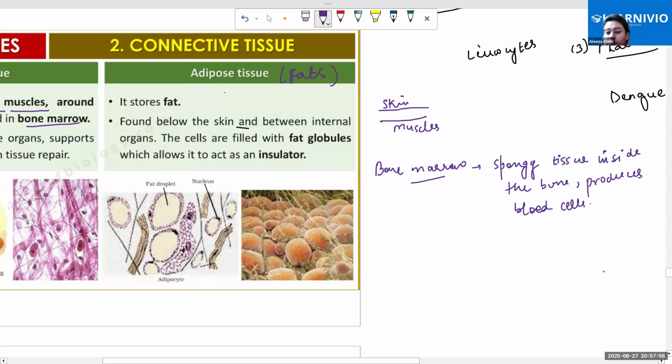Okay. So whenever you take out that spongy part, usually people eat that also. So that part which is coming out of the bone, that is known as the bone marrow. Are you getting what I'm trying to say? Yes, ma'am. Okay. So that is the bone marrow.